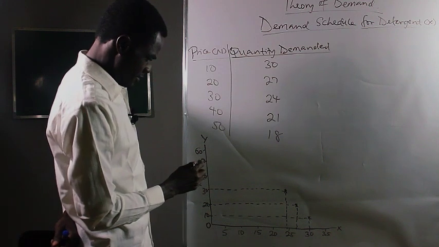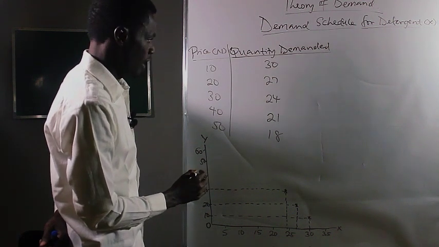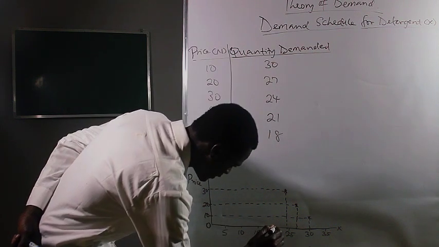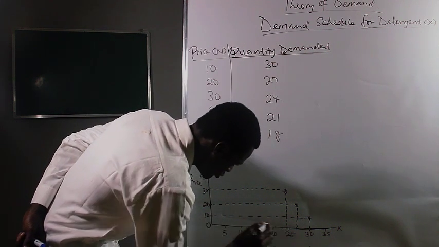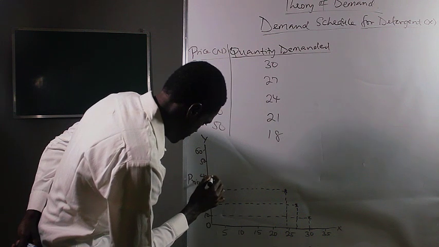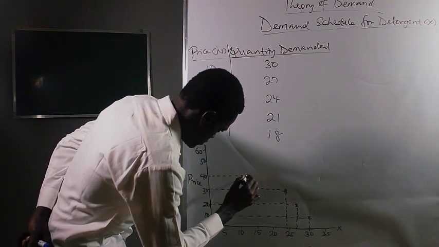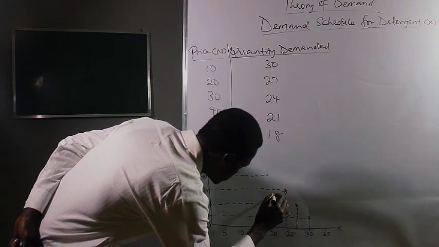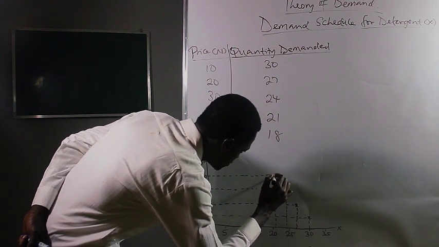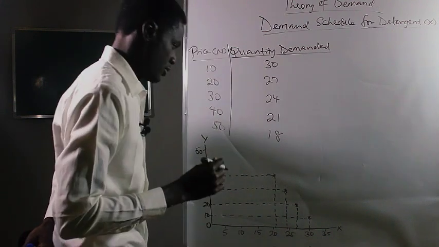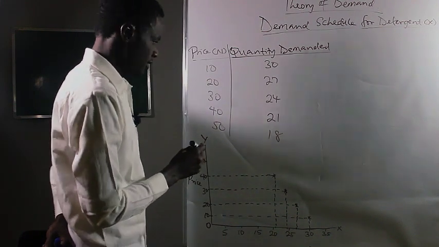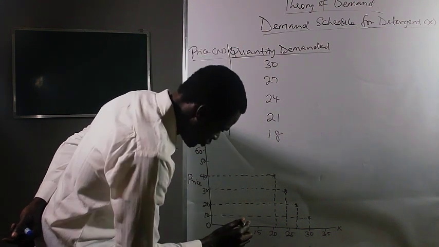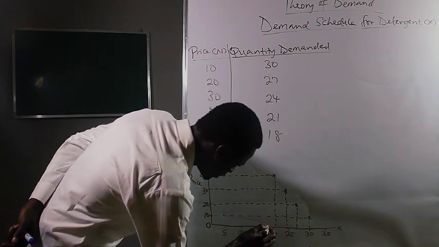Then the price rose to 40, and we have 21 units demanded. So 21 will be here, close to 20. Then we mark it. Then finally, the price rose to 50, and the quantity demanded was 18. So 18 is here.